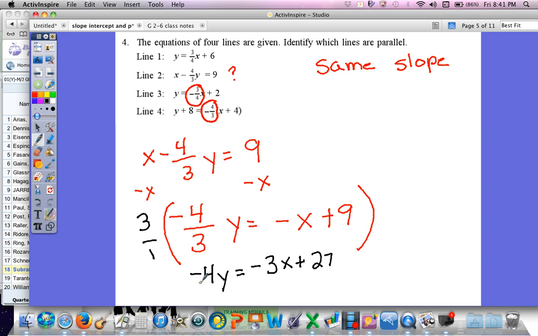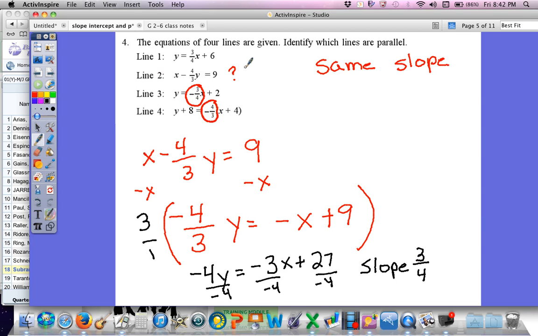Now I'm going to divide everything by negative 4. And really, since I want the slope, all I'm really looking at here is that negative 3 divided by negative 4 means the slope is 3/4. I'm not even going to worry about this 27 divided by negative 4 because it doesn't affect me.